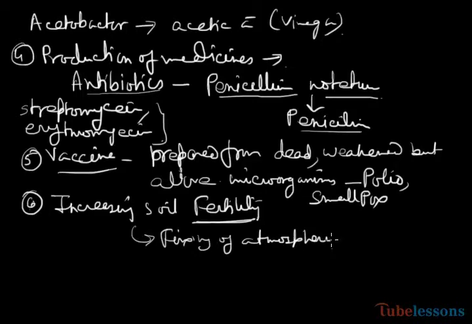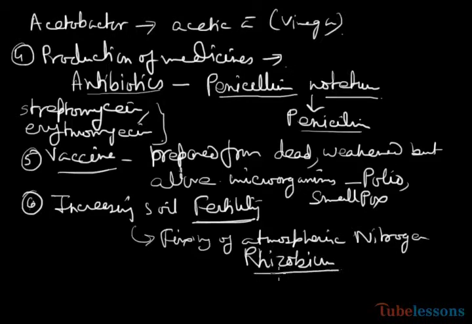The most commonly used agent or microorganism for fixing the nitrogen is the symbiotic bacteria Rhizobium, which are found in the root nodules of leguminous plants. They are responsible for fixing of atmospheric nitrogen to the soil and thereby increasing the soil fertility.